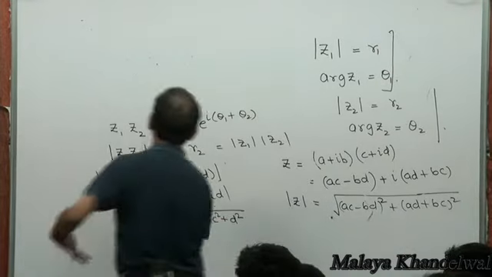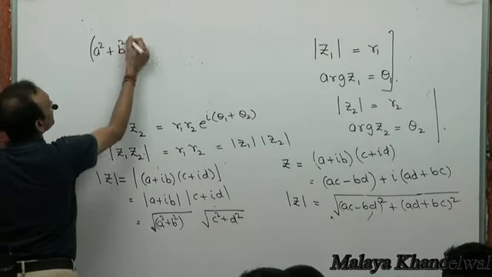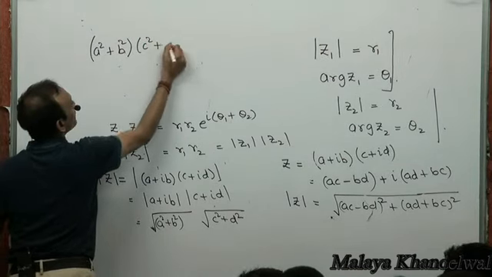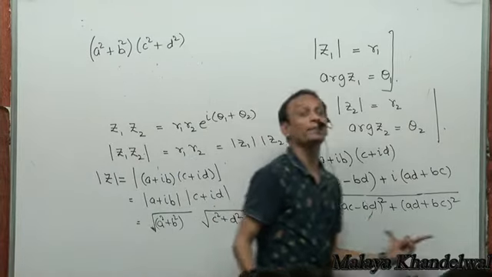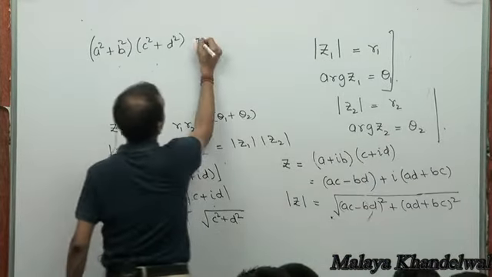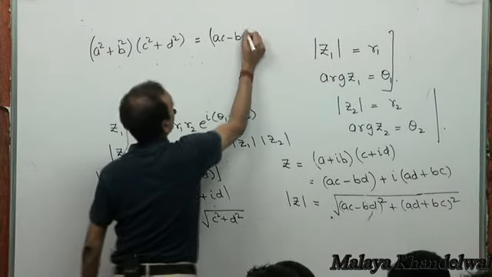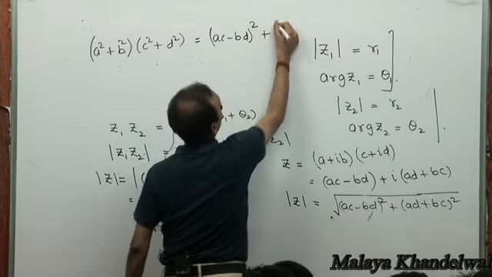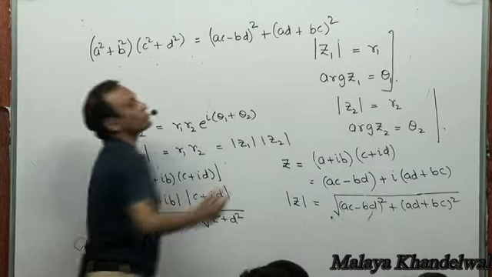So the square of this again is like (a squared plus b squared) into (c squared plus d squared). That's the square of this. It must be the same as the square of this. Why? Because both represent mod Z squared. Yes or no?